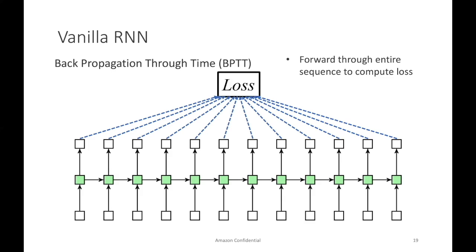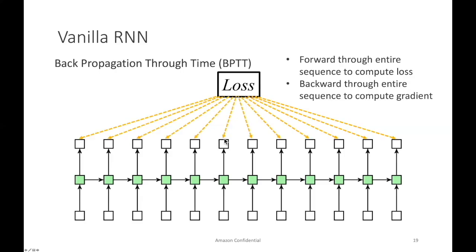That loss we discussed earlier could be a frame-by-frame loss, or you could have just one loss at the end of the sequence, as in sentiment analysis. Then that loss is backpropagated through each of these nodes. Basically the weights are shared, but backpropagation enables us to compute at each time point what the contribution to the error was, and that will be used for updating the weights.